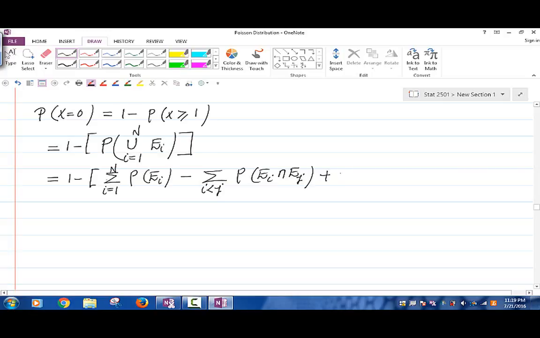And then we add the probabilities of three-way intersections.